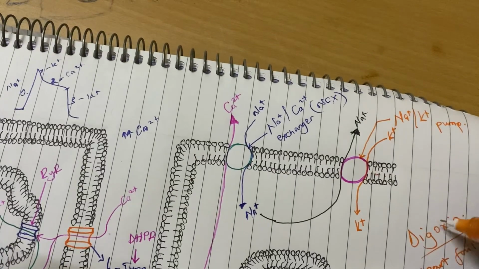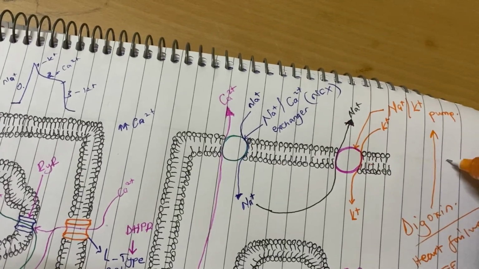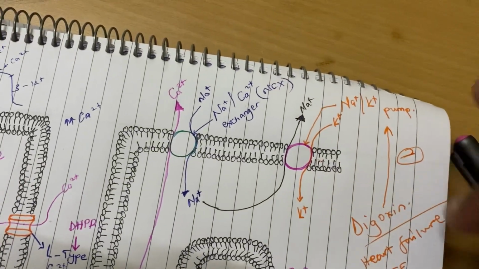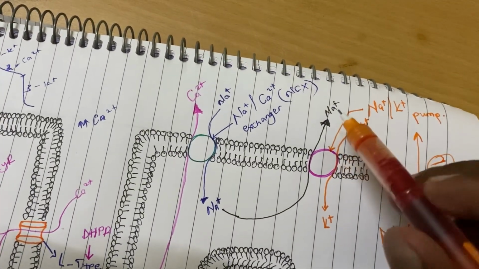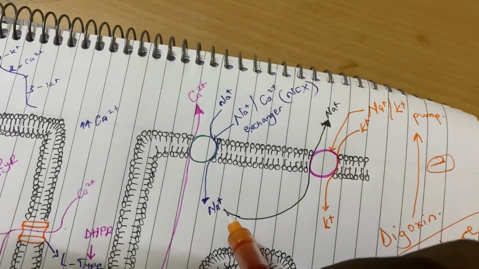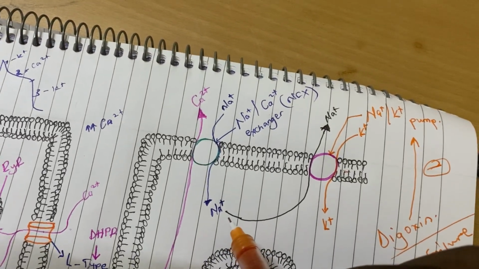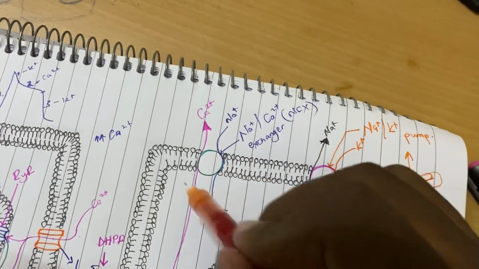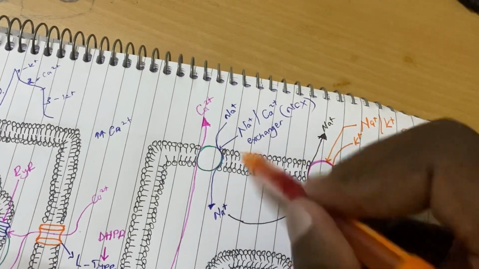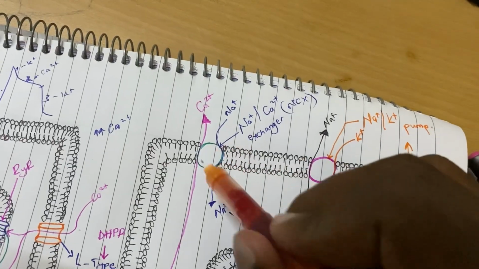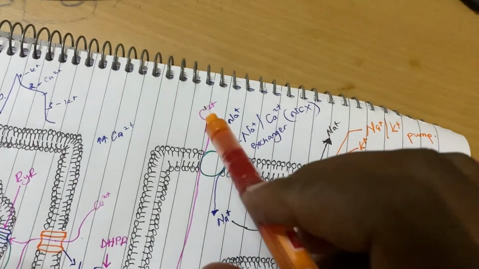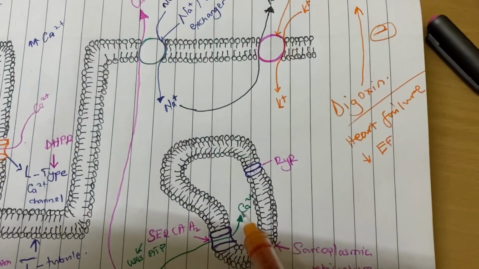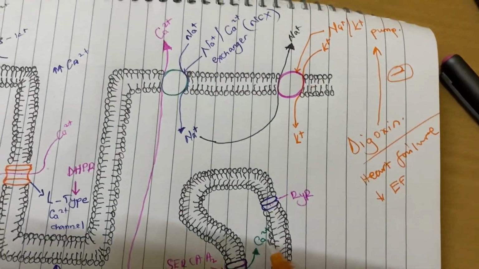So digoxin switches off the sodium potassium pump, and when this one is off, sodium will stay inside, reducing the concentration gradient on which this sodium calcium exchanger works. If the gradient reduces, one, it may stop working. When it stops working, calcium will remain inside and more will be pumped into the sarcoplasmic reticulum.